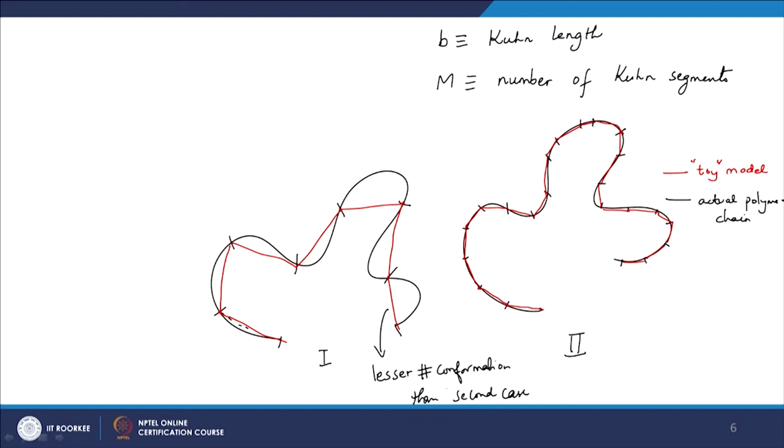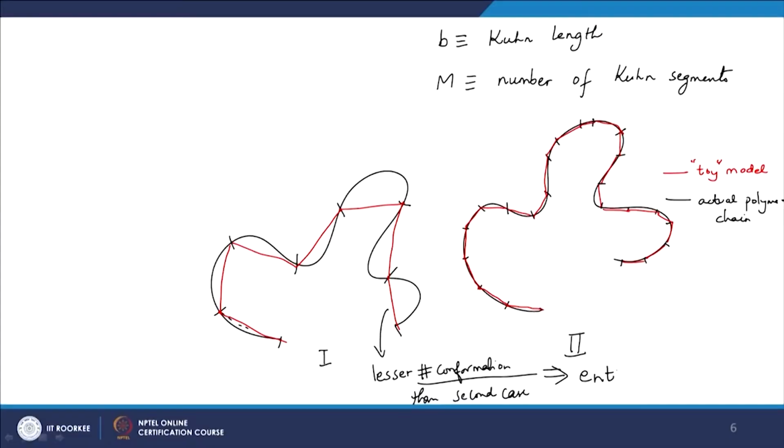And we have already said that the number of conformations is related to the entropy of the polymer chain, and in turn it is related to flexibility. So what this means is this will be less flexible. So one is less flexible than two.